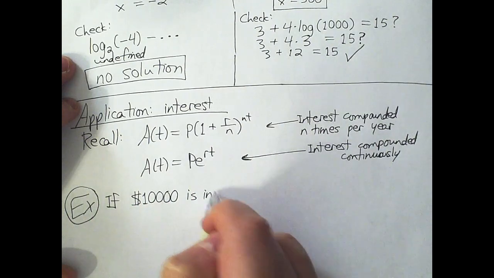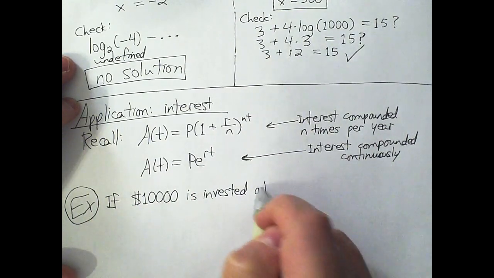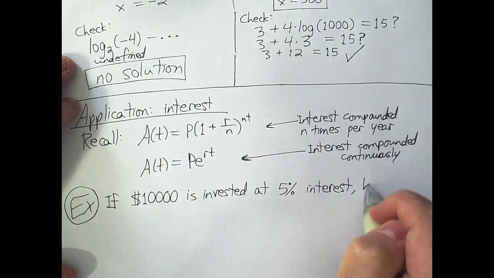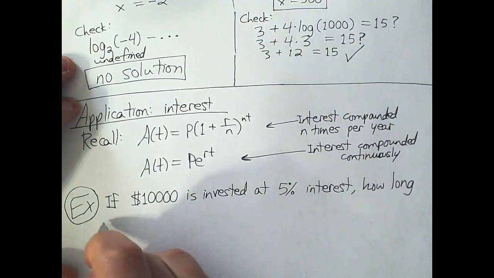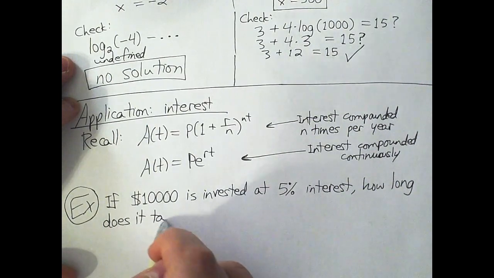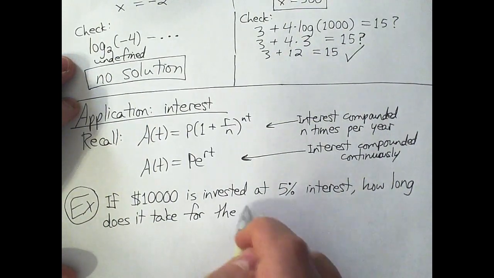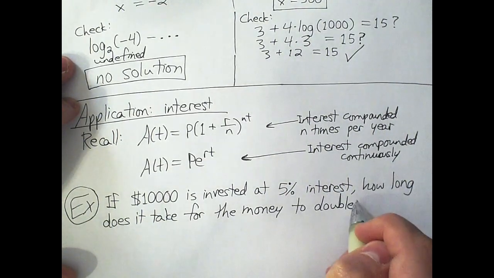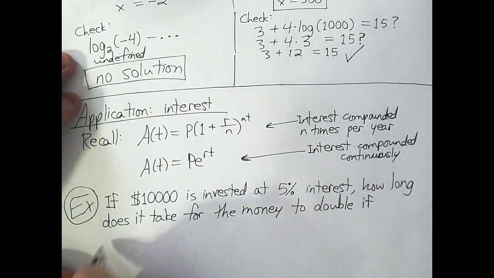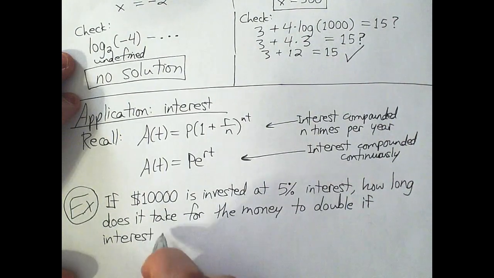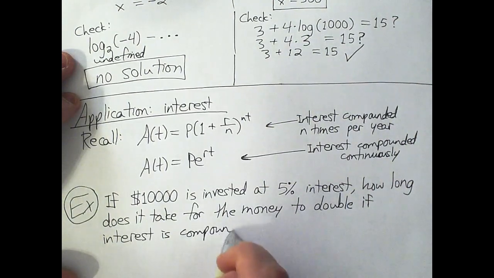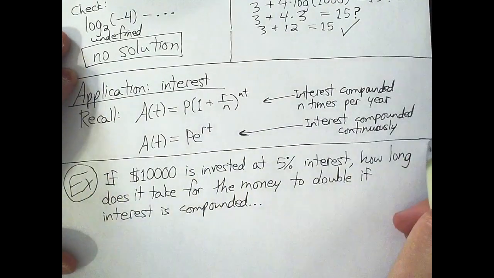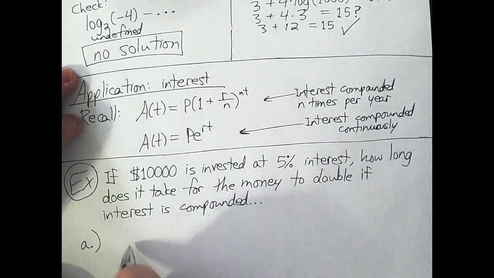All right, if $10,000 is invested at 5% interest, how long does it take for the money to double if interest is compounded... There's going to be a part A and a part B. Part A, monthly.